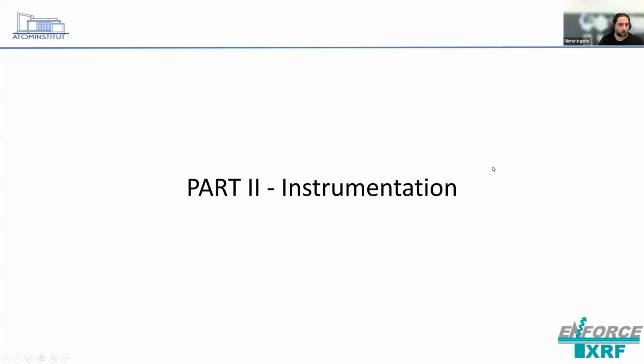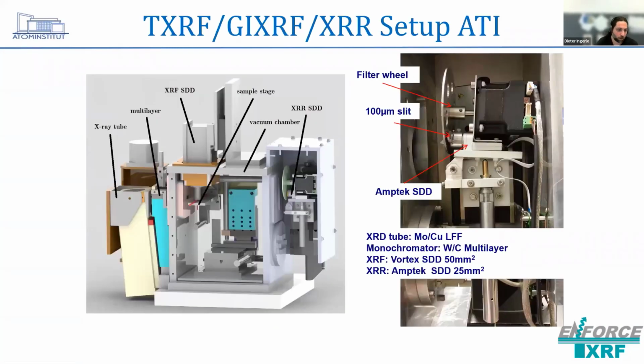So then let's go on to the instrumentation. That's also a little bit of looking back from my side, because that's where I started with my master's thesis. I was working during the ANA project on this grazing incidence XRF chamber, which was at the time a modification of our partly existing vacuum GIXRF chamber for grazing incidence XRF measurements.